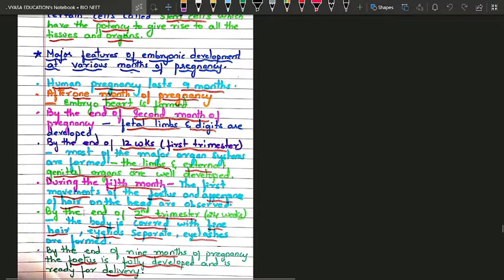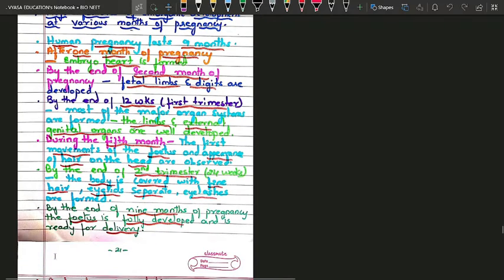During the 5th month, the first movement of the fetus and the appearance of hair on the head are observed. By the end of the second trimester, that is the 6th month, 24 weeks, the body is covered with fine hair, eyelids get separated, and eyelashes are formed.